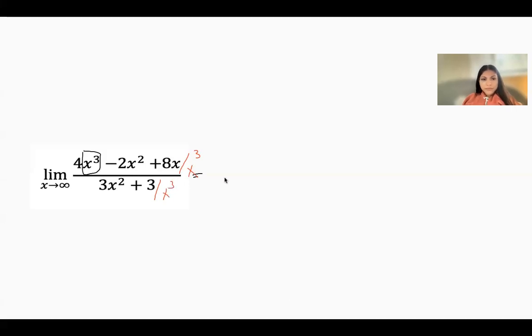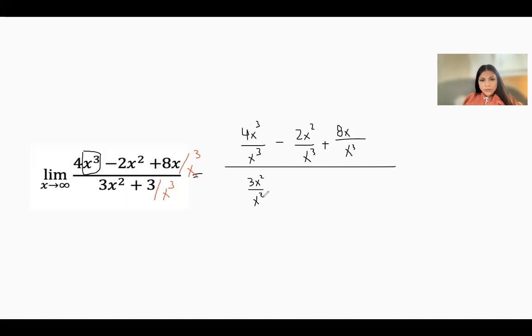Once we do that, if we were to write it all out, we have 4x to the third power divided by x to the third power, minus 2x squared divided by x to the third power, plus 8x divided by x to the third power, all over 3x squared divided by x to the third power plus 3 all over x cubed.